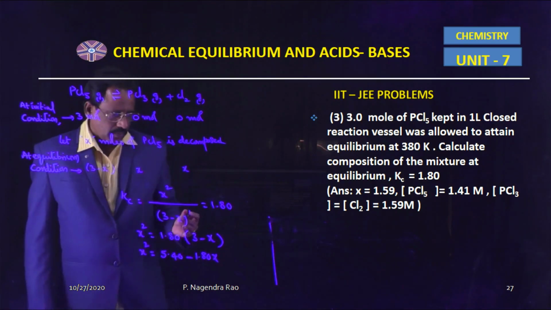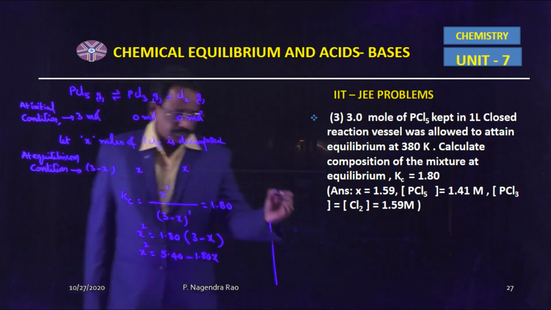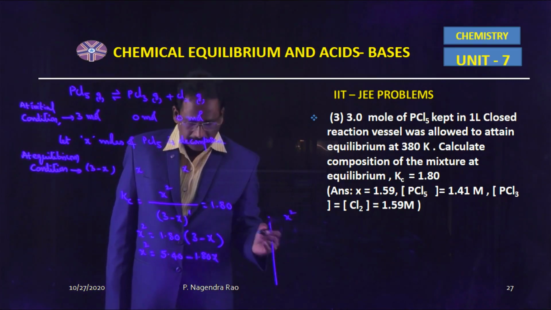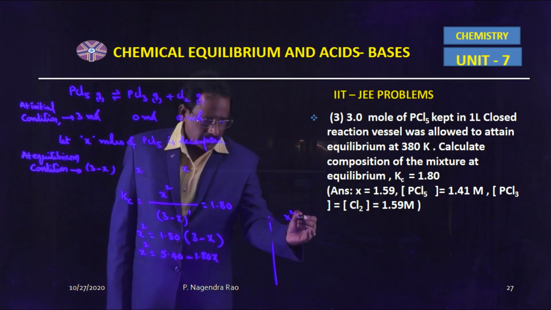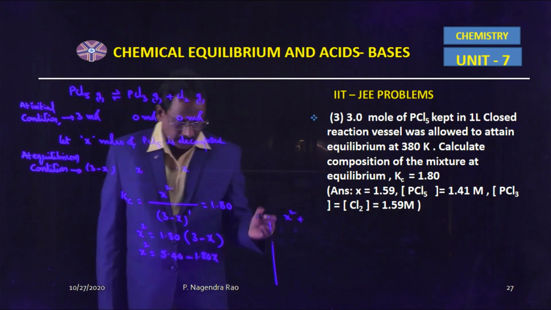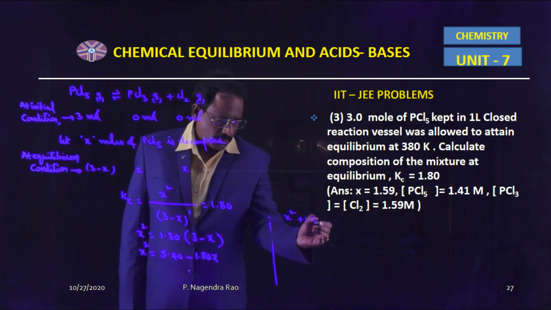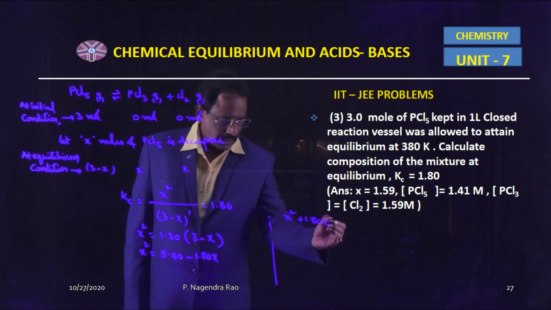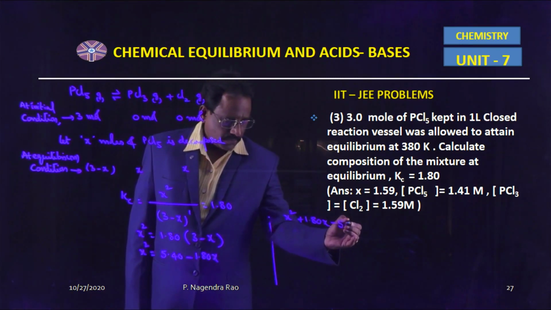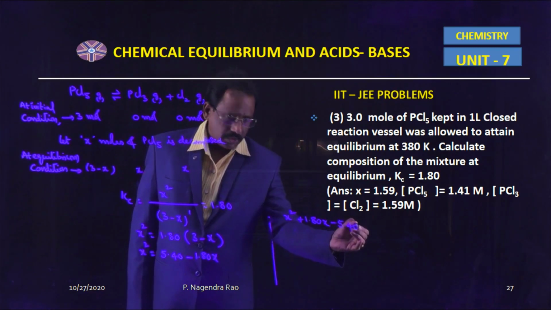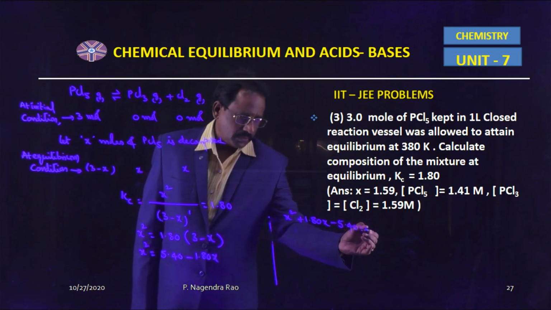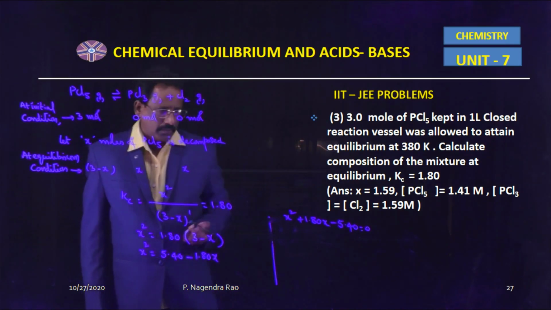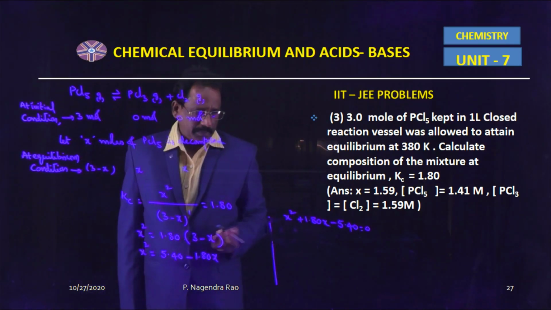This is equal to x square plus 1.80 into x minus 5.40 is equal to 0, and it is similar to a quadratic expression.